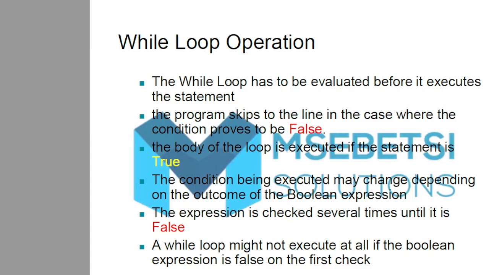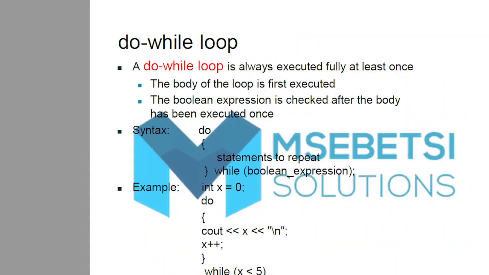A while loop might not execute at all if the expression is false from the beginning. So if the integer value was, let's say, 6, and then it says integer I is less than 5, then it wouldn't go, because that's false. 6 is greater than 5, it's not less than.